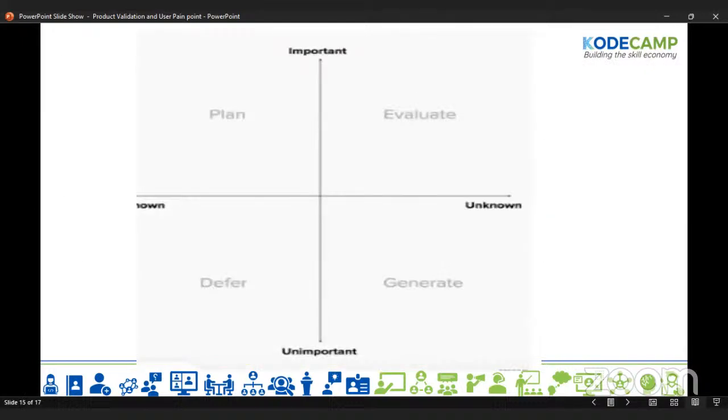Look at a plot. On the upper place, you have this 90, 180. Can you see my cursor? Okay, so this is 90. At 90, you have evaluate, generate, defer, and plan.